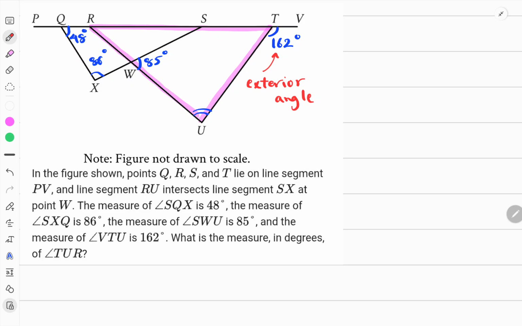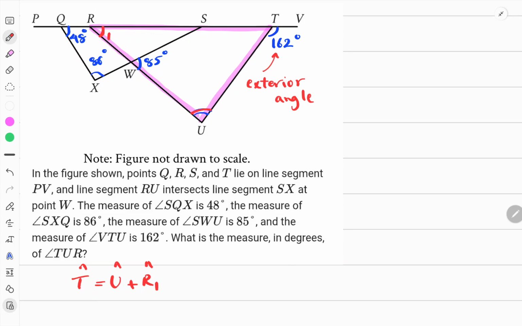And we know that when we have an exterior angle, the measure of this exterior angle is equal to the sum of the two non-adjacent interior angles. In fact, T equals the sum of U and R. Let's call this R1. U plus R1.